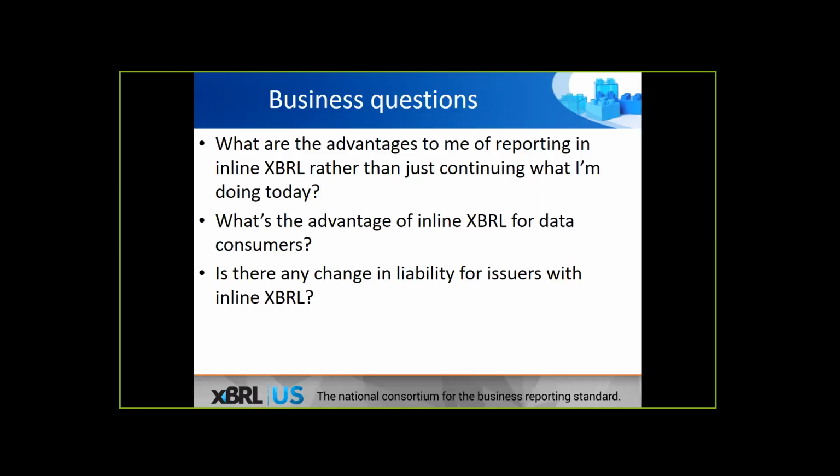So that leads to the second question. If I'm a reader of the financial statements, would I find it easier or advantageous to look at an inline XBRL data file versus an HTML file? Absolutely. If you're looking for disclosures, you'll be able to find them much more effectively. In an HTML report, it's the Control F. So if I'm looking for stock compensation and I find those words, that may not be the only indicator that's a stock compensation related disclosure.